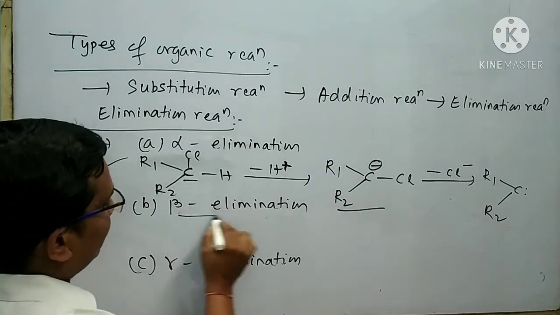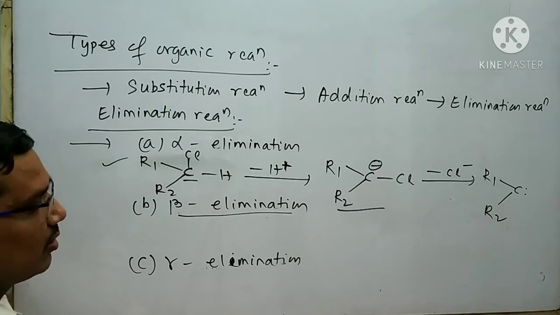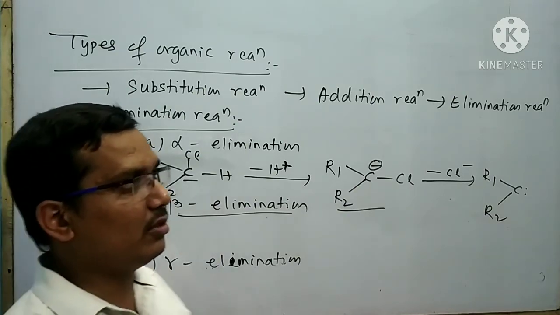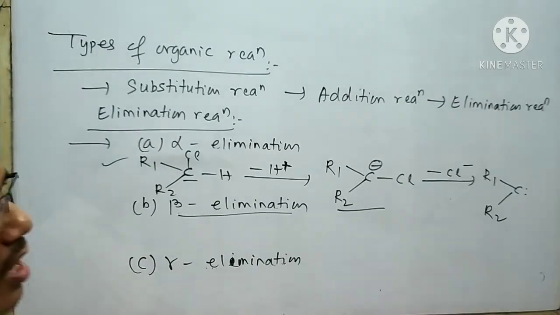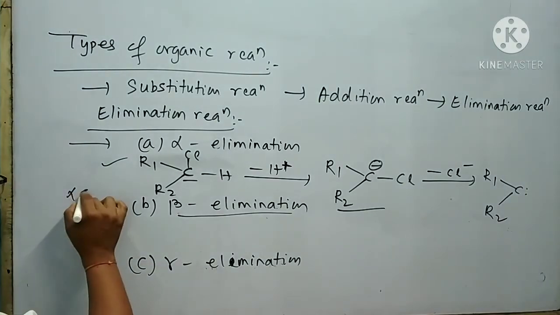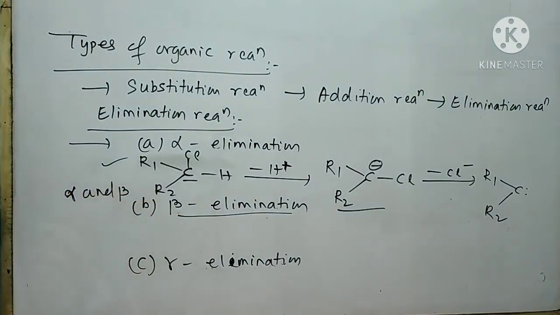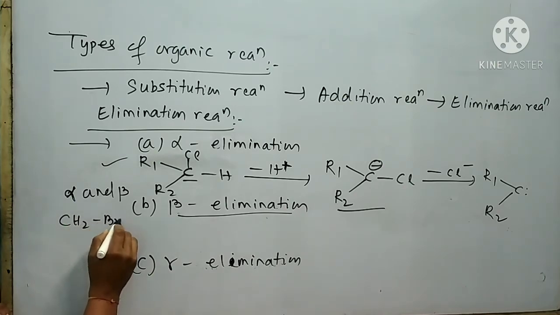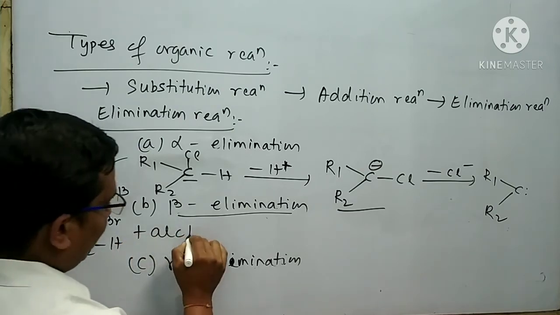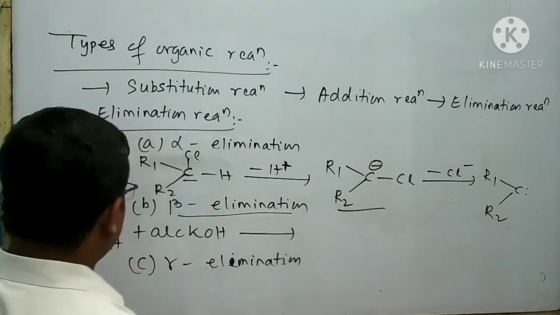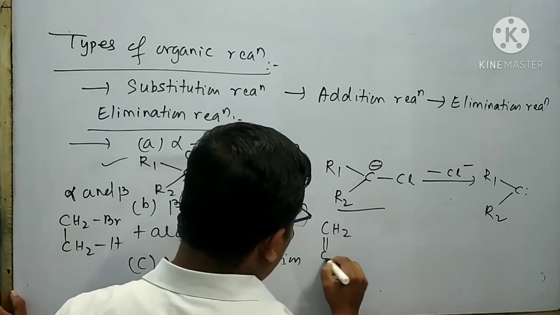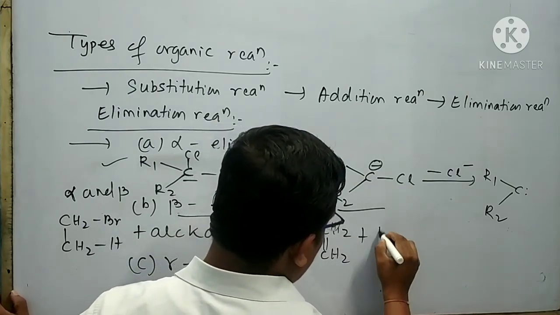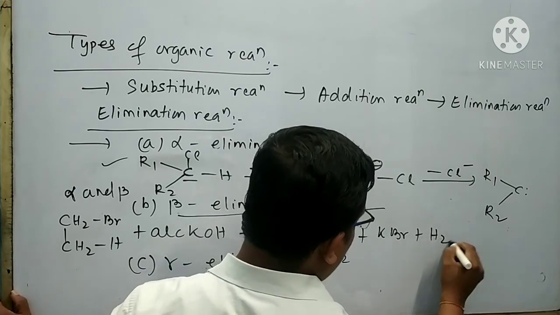Next I will discuss about the beta elimination. In this reaction, two atoms or groups are removed from alpha and beta position. Take an example. When ethyl bromide is subjected to reaction with alcoholic KOH, then it gives ethene, KBr and water.